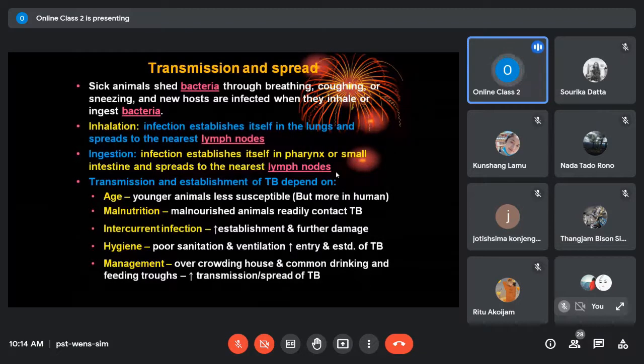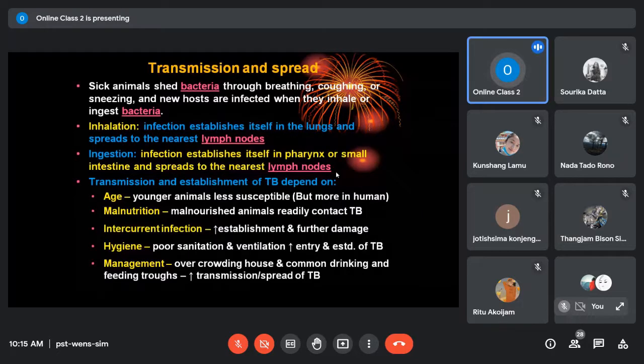Malnutrition: when there is malnourishment of these animals, they readily contract this disease. And intercurrent infection, that means some other disease condition, their immune system is down and they are already weak due to some other infection. That also will increase the establishment and further damage of different organs and systems.